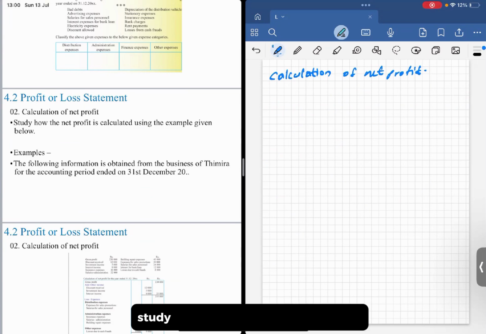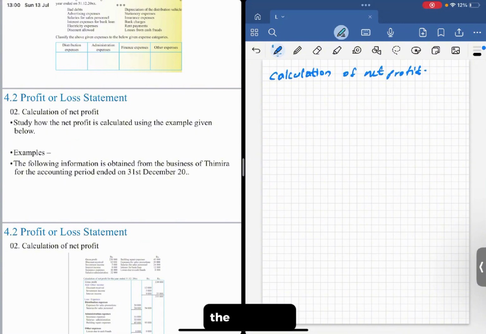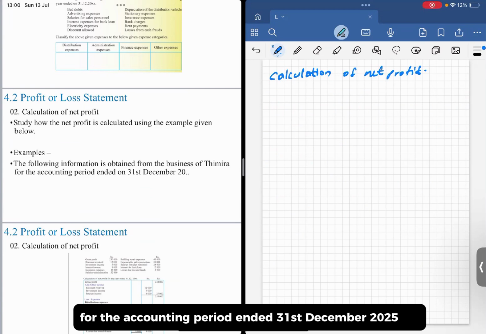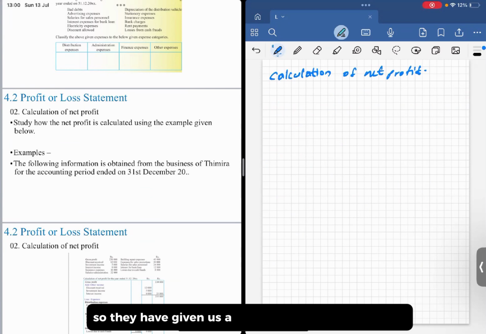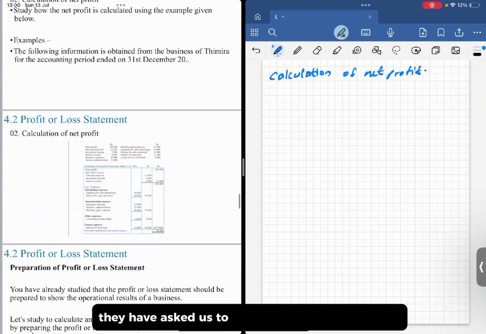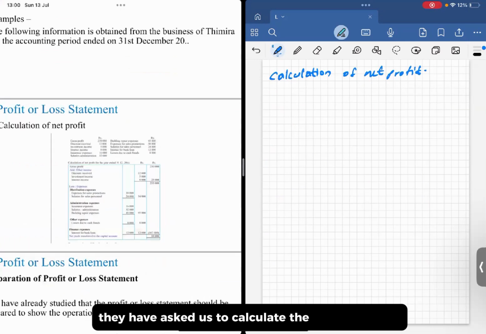Study how the net profit is calculated using the given example below. The following example is obtained from the business of Thimira for the accounting period ended 31st December 2025. They have given us an example question and asked us to calculate the net profit.